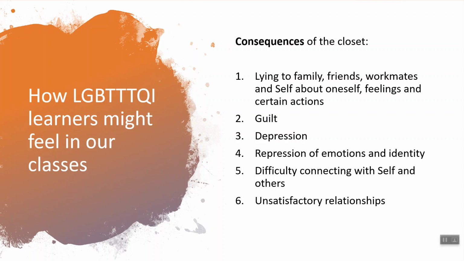And of course, this leads to unsatisfactory relationships, because in your friendships, in your affective relationships, in your family relationships, you're not fully 100% being yourself. So this leads to an unsatisfactory, almost superficial relationship with other people.